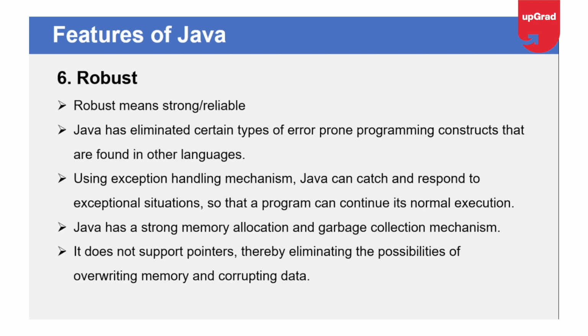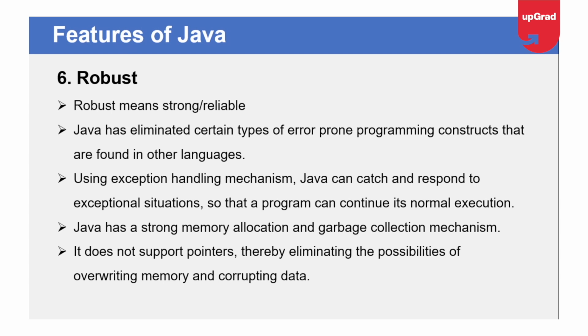Java is robust. Robust means strong or reliable. We can rely on Java because Java has eliminated many types of error-prone programming constructs that were found in other languages. There are many features in Java like exception handling, where we can respond to exceptional situations before they really happen.